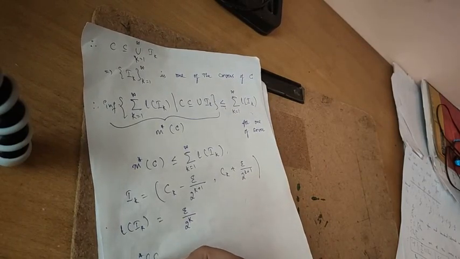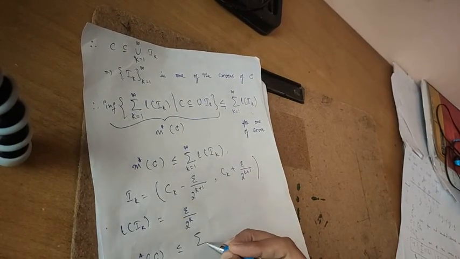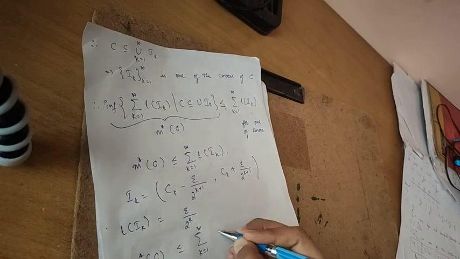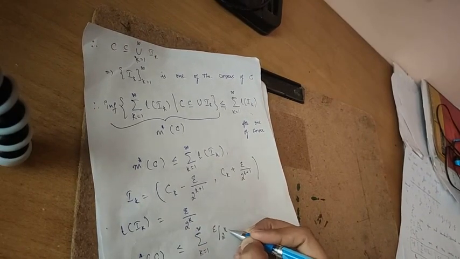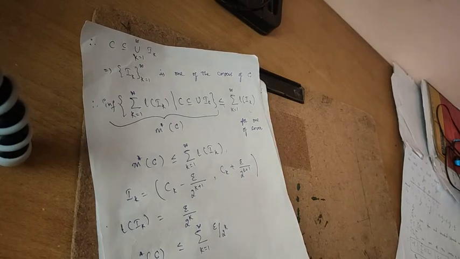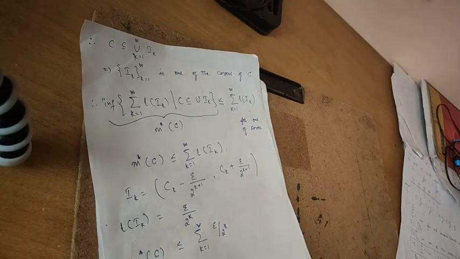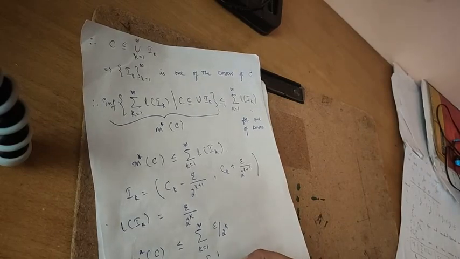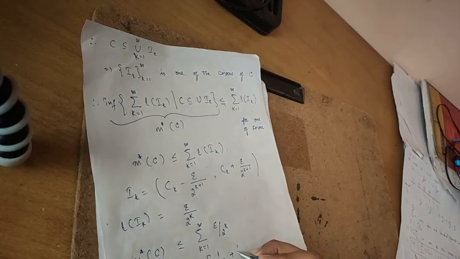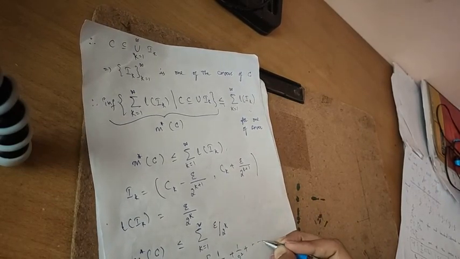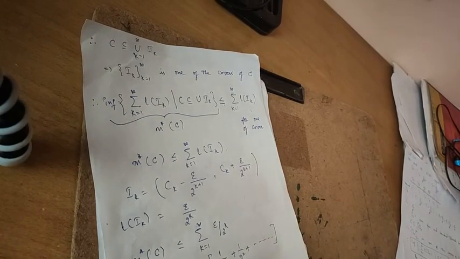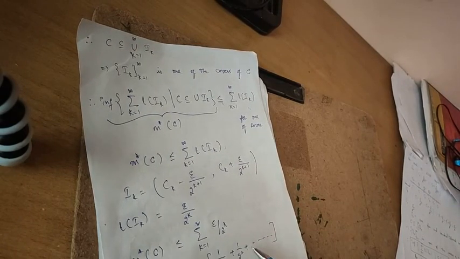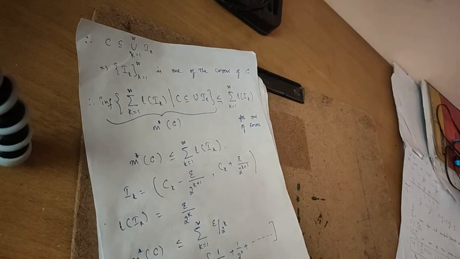So m star of C is less than or equal to summation k equal to 1 to infinity epsilon by 2 power k. That is nothing but epsilon into (1 by 2 plus 1 by 2 square plus so on). This is a convergent series, that is nothing but a geometrical progression.